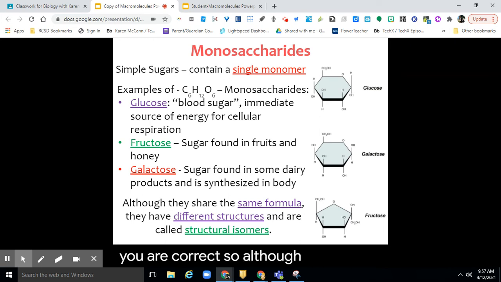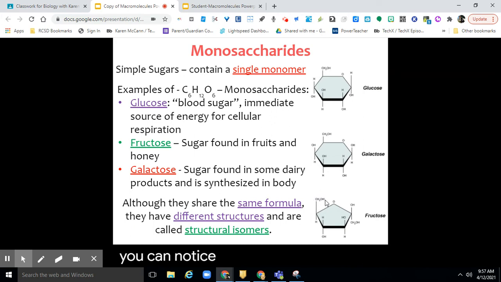So although they all share the same formula, they actually have different structures. They don't look exactly the same when you really look at them up close. For example, glucose has hydrogen here and the OH group down here on this side. But down in galactose, they switch spots. The OH is on top and the H is on the bottom. So it's a small difference, and the same thing is said on this side. Fructose is even more different.